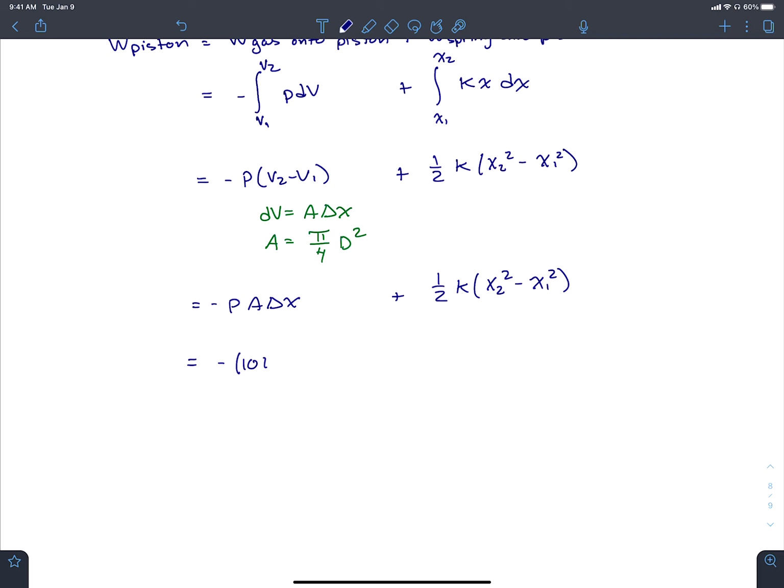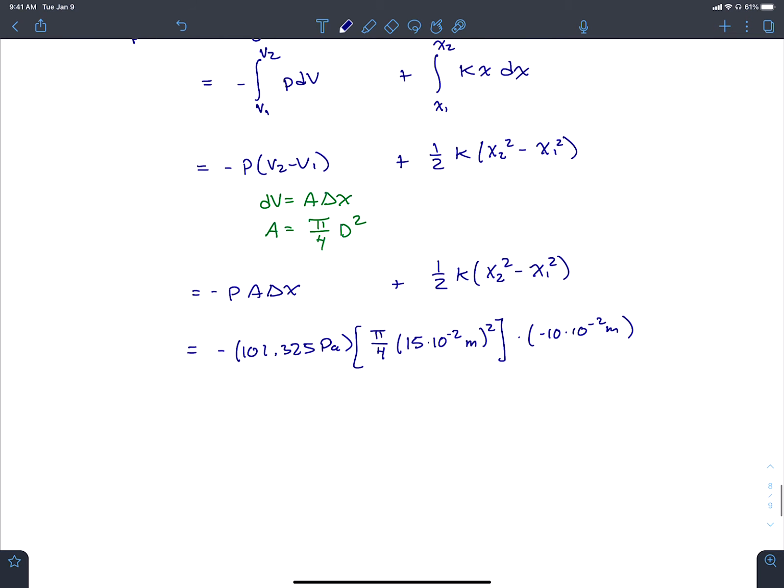negative 101.325 Pascal times, be careful with the parentheses here, pi over 4 times (15 times 10 to the negative 2 meters) squared, close this bracket, times a change in x. So 10 times 10 to the negative 2 meters.